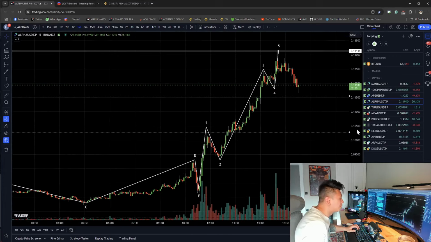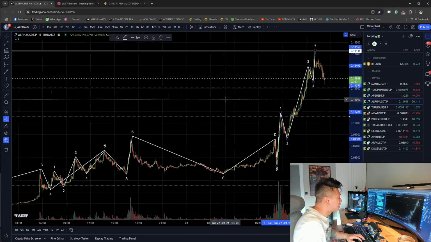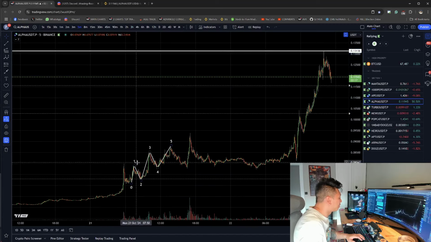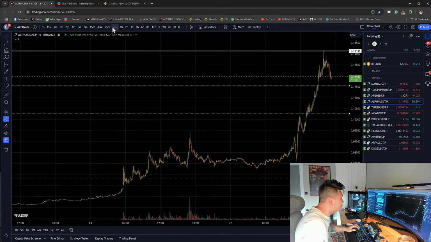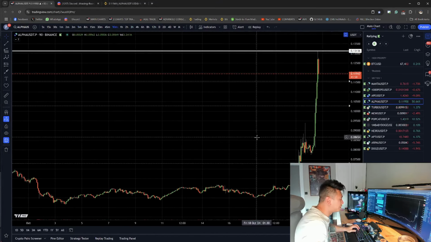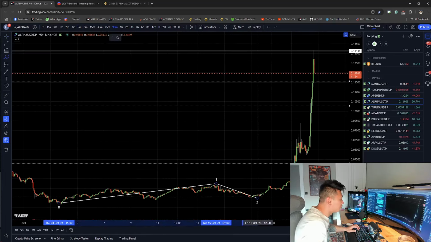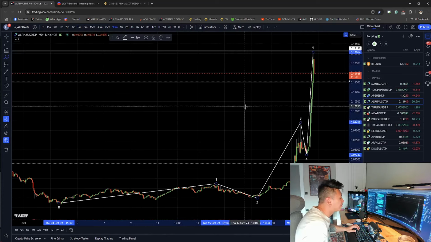So basically, that's now done. All 5 waves are done. We split everything up, and after we split everything up, we can say to ourselves, all right, well, that's most likely the 5th wave then. That's now officially formed. 1 2 3 4 and 5.